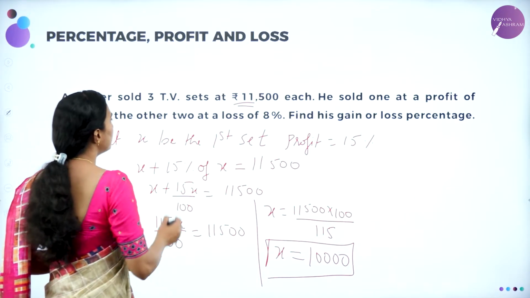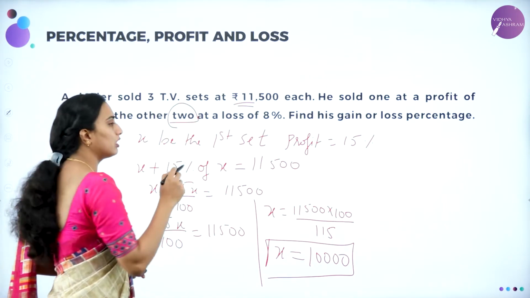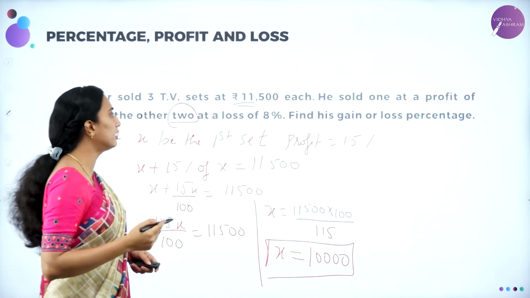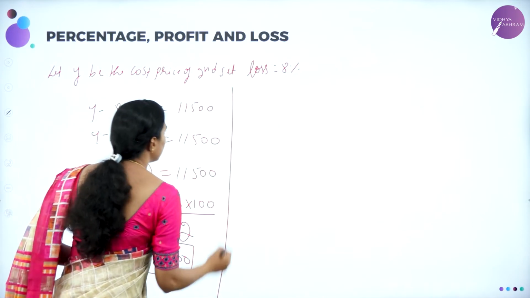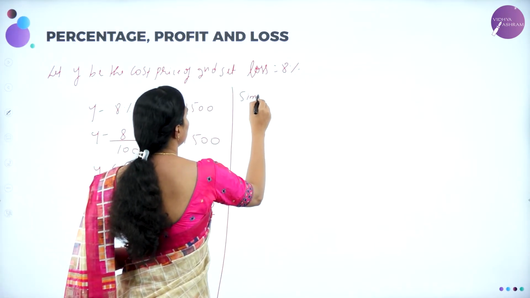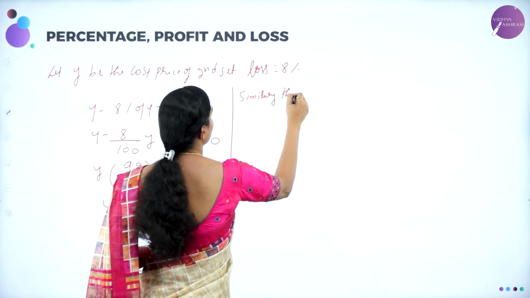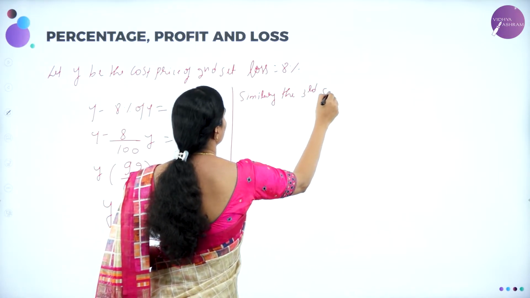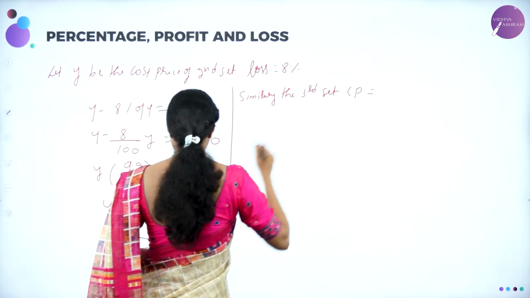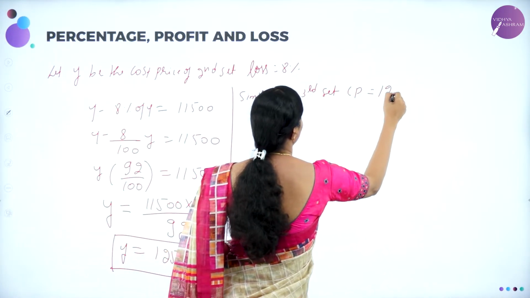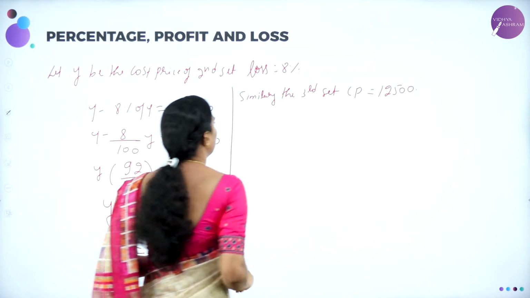They have asked similarly for the other two sets, so the third set I am going to take similarly. The third set cost price is 12,500 only, correct?